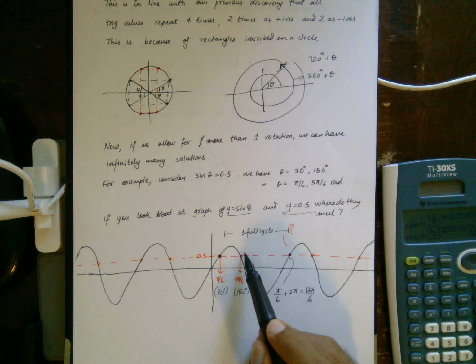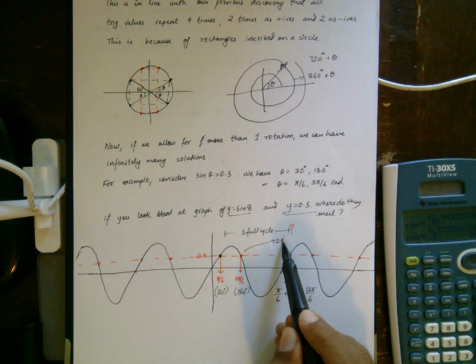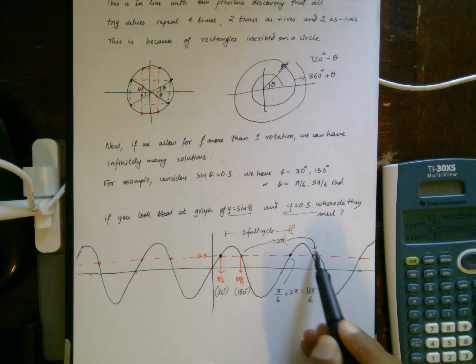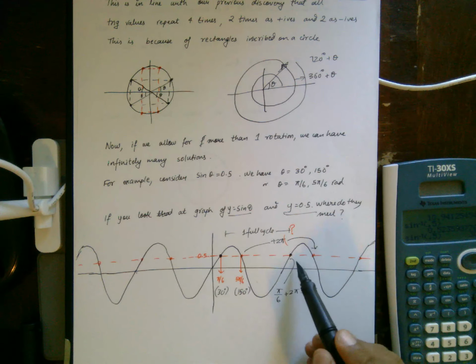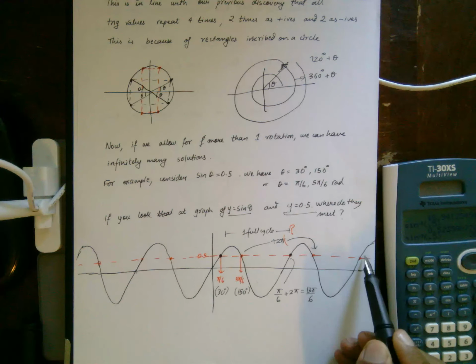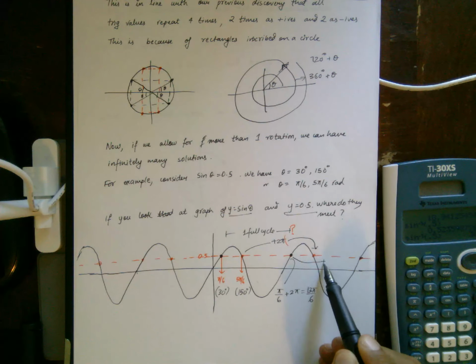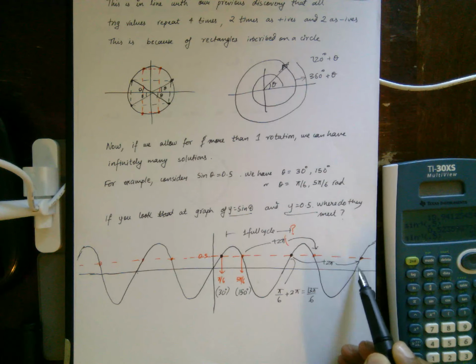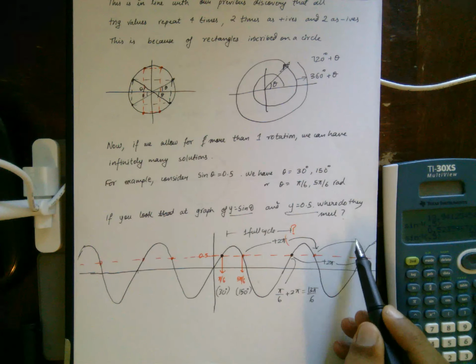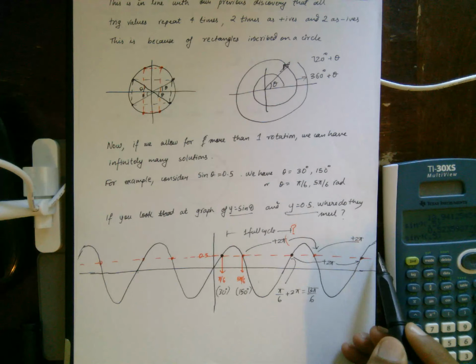Similarly, if I take this and I add 2 pi, I'm going to get this point. In the same manner, from this to this is going to be another 2 pi. And from this to the next point is going to be another adding 2 pi.